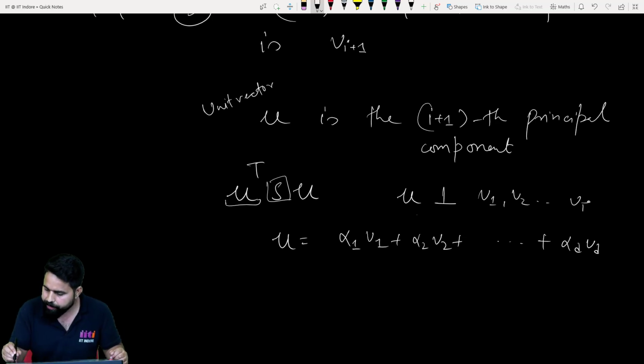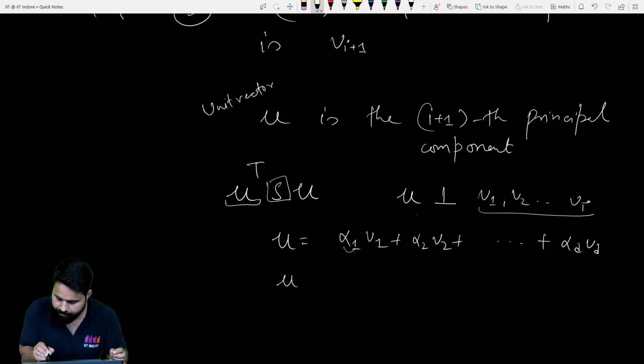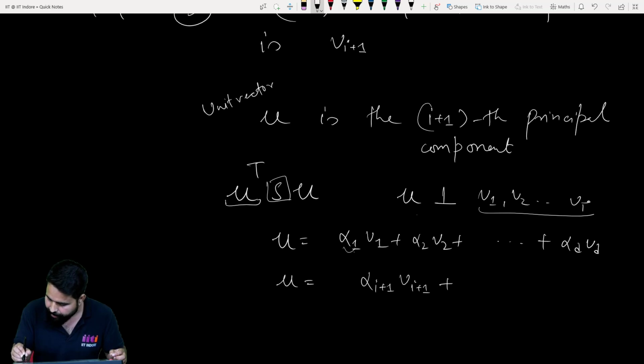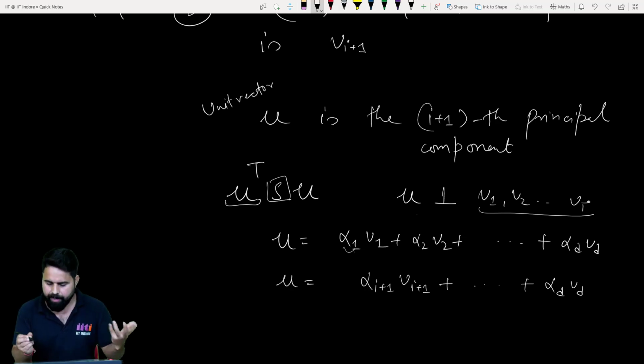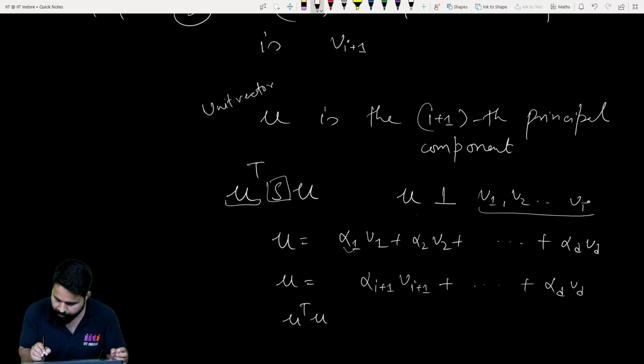Since U is orthogonal to these, the coefficients alpha 1 up to alpha i will be 0. So you can write U simply as alpha i+1 Vi+1 up to alpha d Vd. Again, because we are taking a unit vector, the sum of squares of the alphas will be equal to 1.